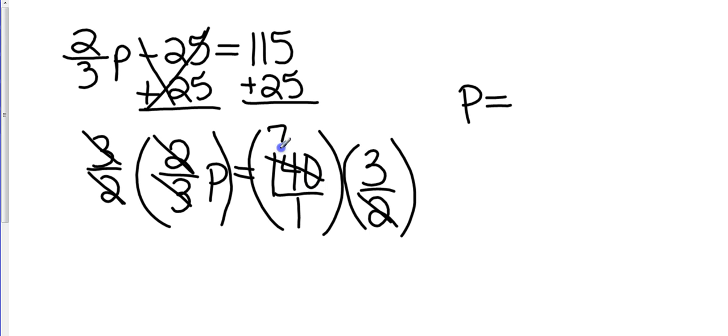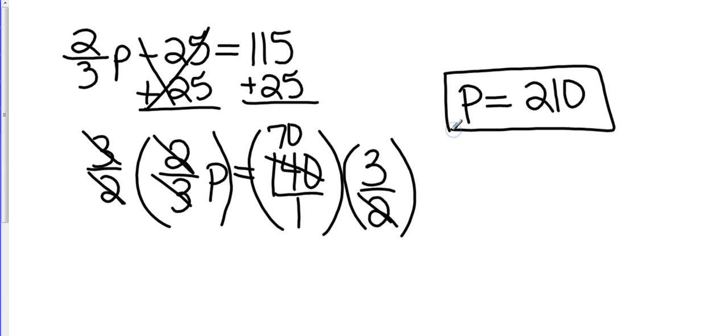That'll go 70 times. Again, I just reduce it by 2. And now I multiply straight across. So 70 times 3 is going to give me 210. And then on the bottom, I've got 1 times 1, which will just give me 210 over 1, which simplified is 210.